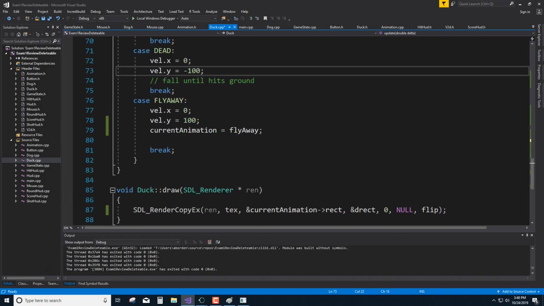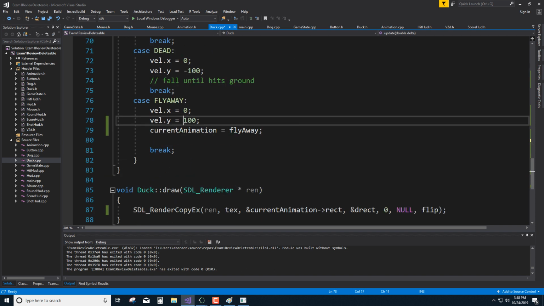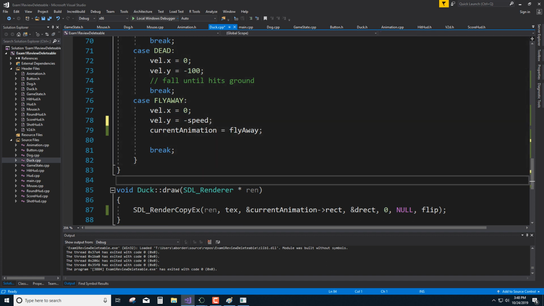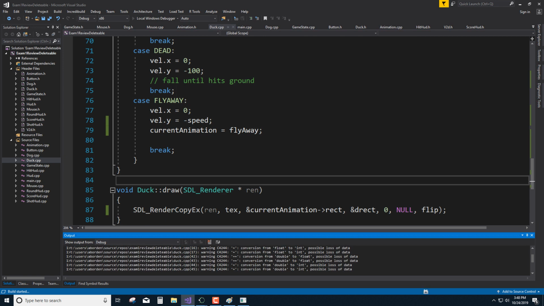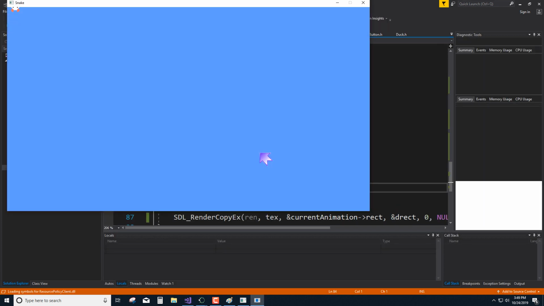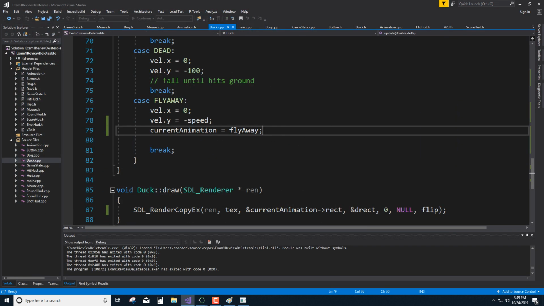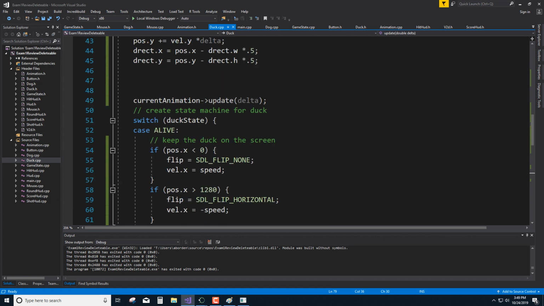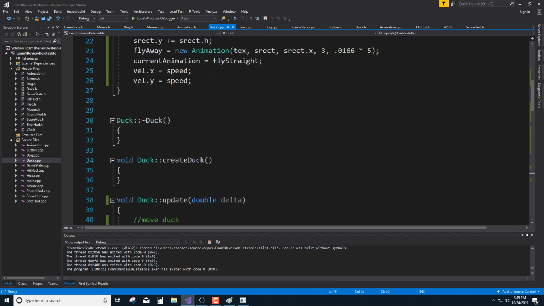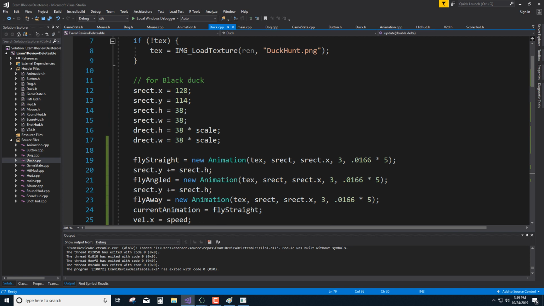What were we doing? We said if he's flying away, he should be moving negative speed. Really, is what this should be. Negative speed will fly away, and he should. Yeah, there he goes off the screen. I don't know why he's not starting where I moved him to.